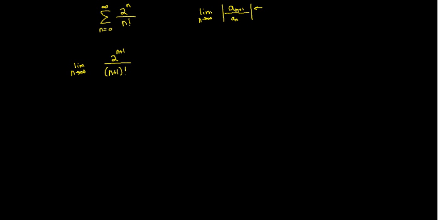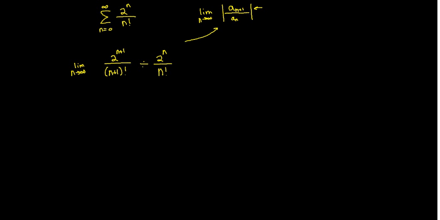I don't want to make a huge fraction, that would be a little cumbersome. So instead I'm going to write this almost like an elementary school student and divide that by a sub n, which is just 2 to the n over n factorial. It's the same thing as what the ratio test is telling us to look at.